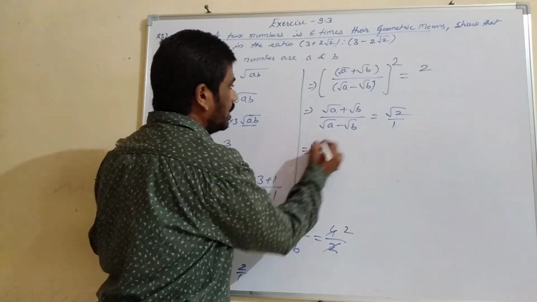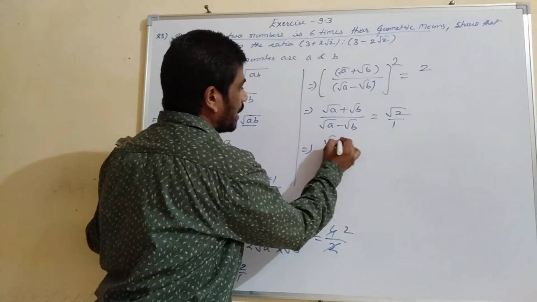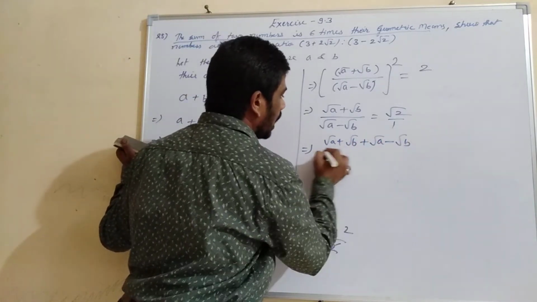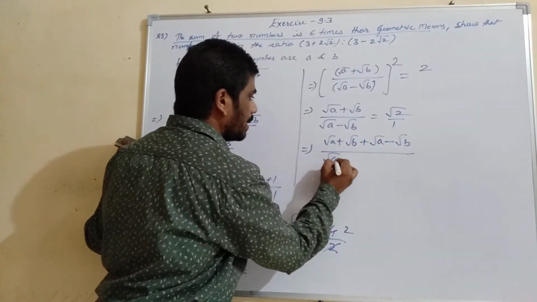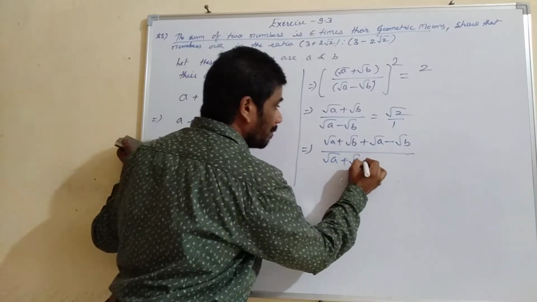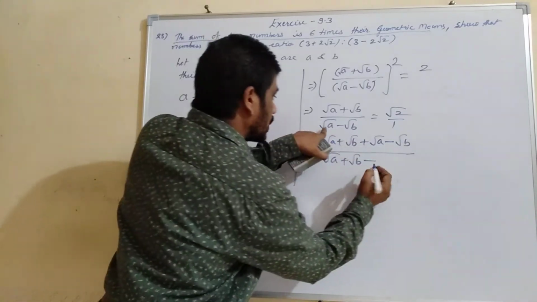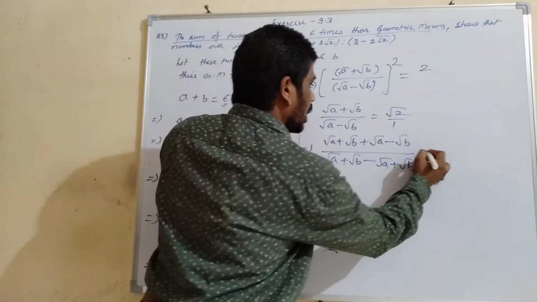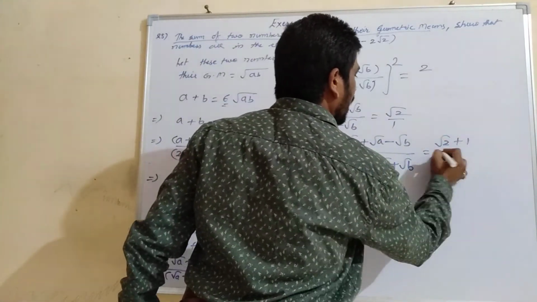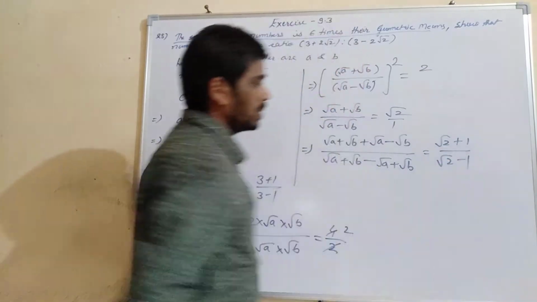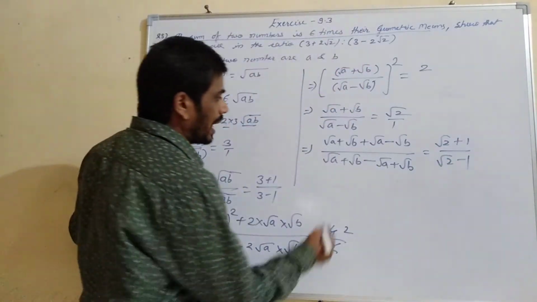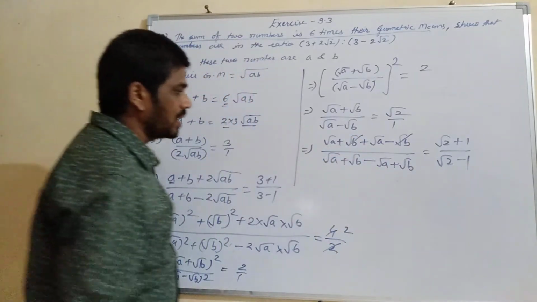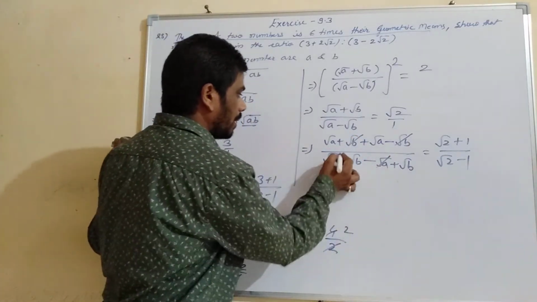So we get root a plus root b plus root a minus root b upon root a plus root b minus root a plus root b, equals root 2 plus 1 upon root 2 minus 1. Now you can cancel minus root b and plus root b, and likewise minus root a and plus root a.